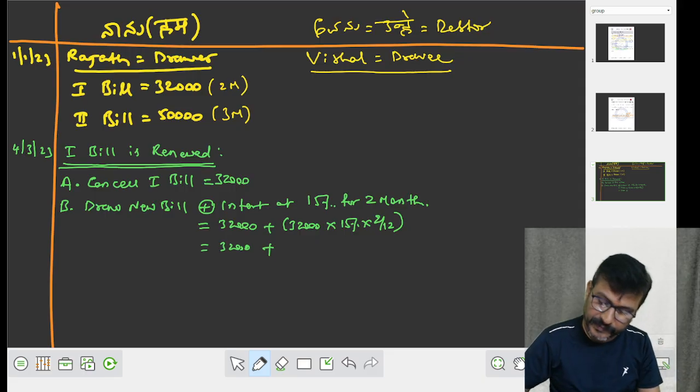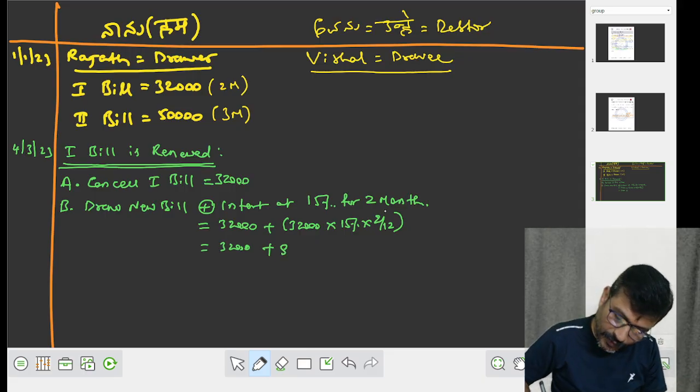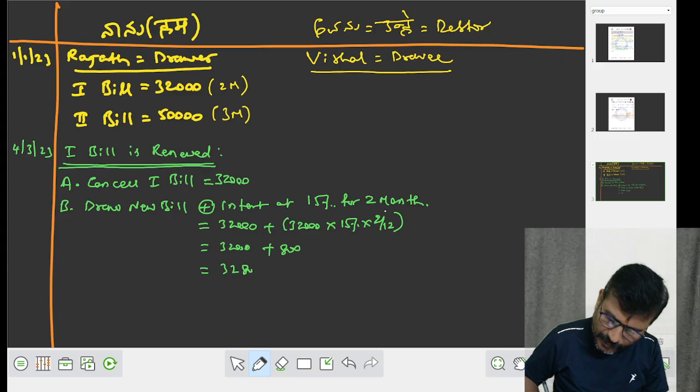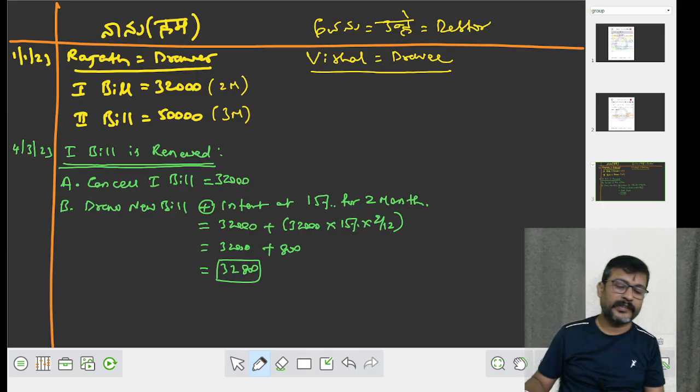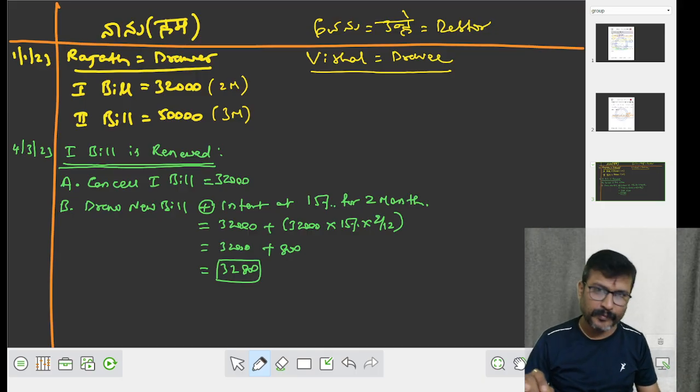Yes, it is rupees 800. So now your new bill amount is 32,800 rupees.